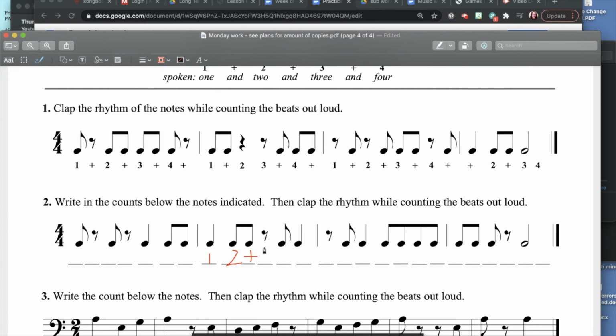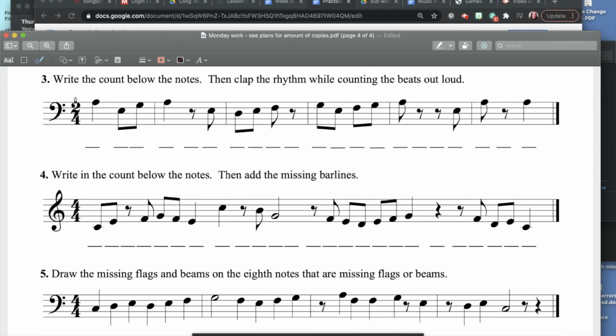The rest is going to get the 3, and the eighth note is going to get the and, then 4. It's really hard to draw this, man. So that second measure where I just wrote where the red is, 1, 2, and 4. 1, 2, and 4, like that.